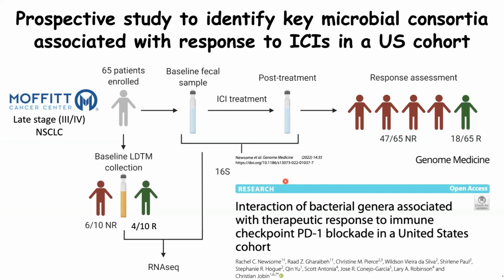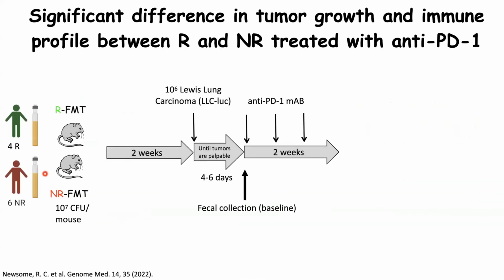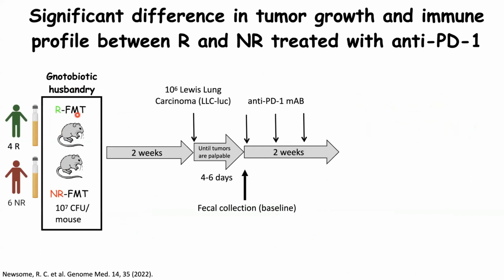And we published that last year, so I will be brief on that, but what we found is that, similar to the other group, if we take non-responder feces and put it in the mouse, or another cohort, responder feces, and put it in the mouse, these mice are germ-free, so they will stay humanized in terms of microbiome, so they will not be contaminated by other murine bacteria coming from a facility.